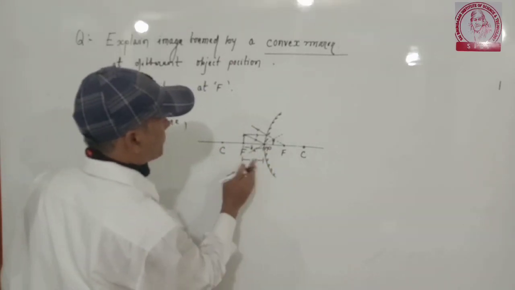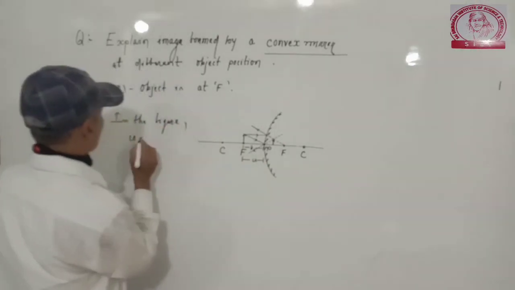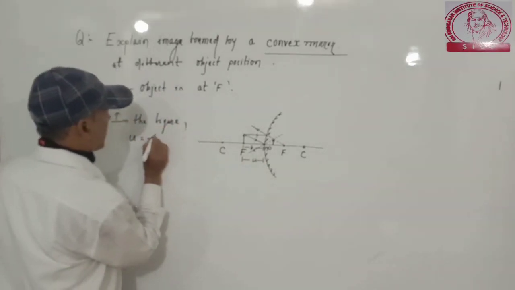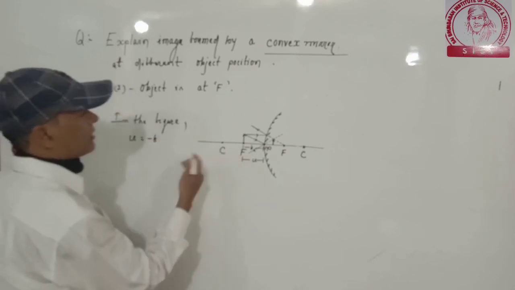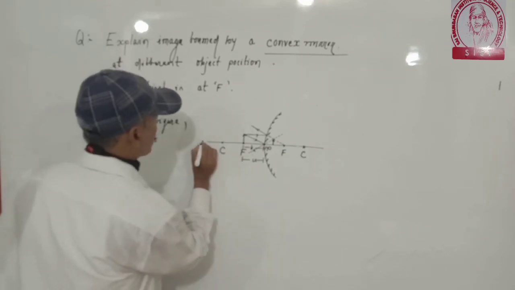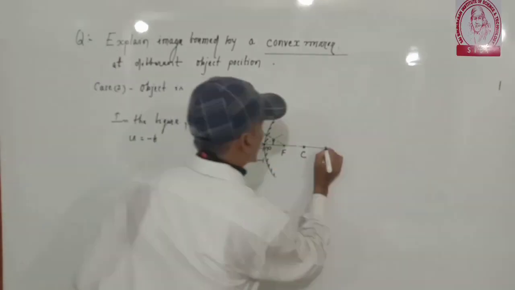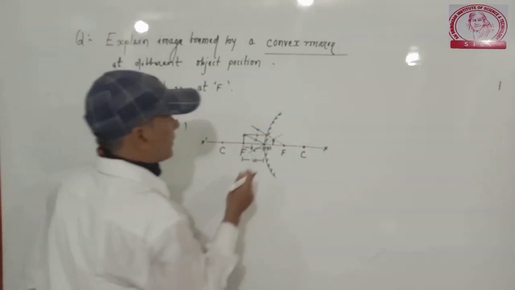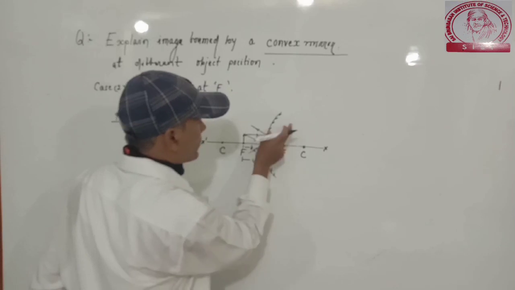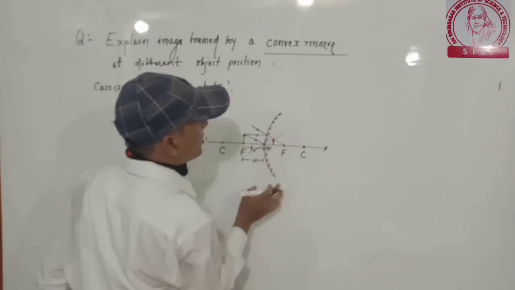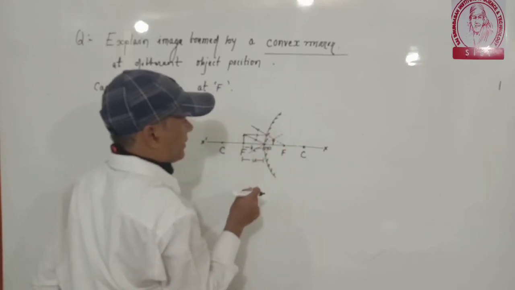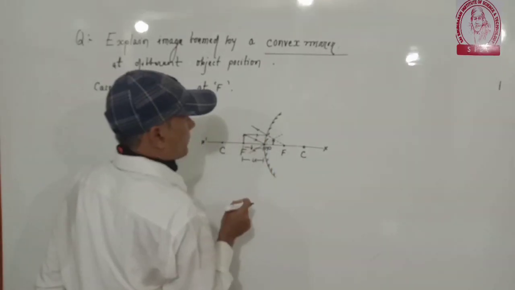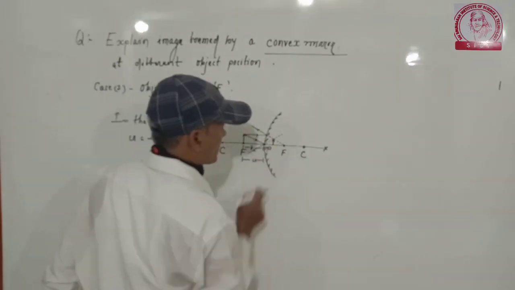But the difference is U is equal to minus F, because it is measured in the radial x-axis. U is equal to minus F. Then the focus, principal focus, that helps to form the image is this.